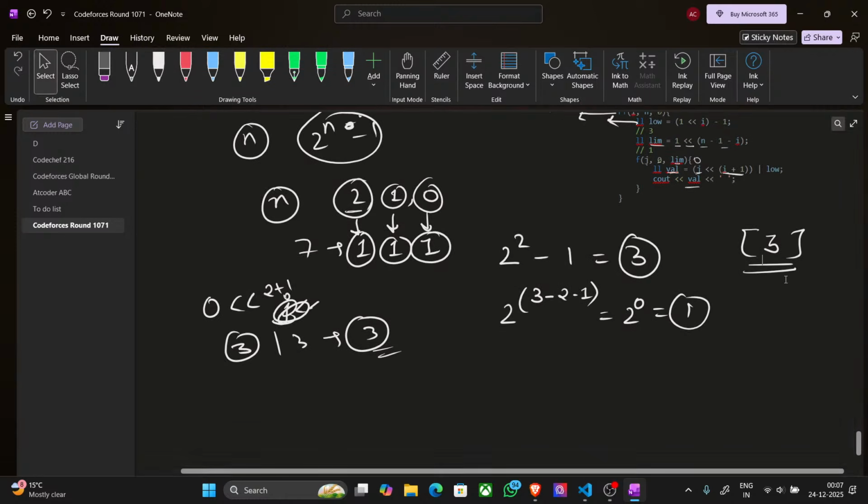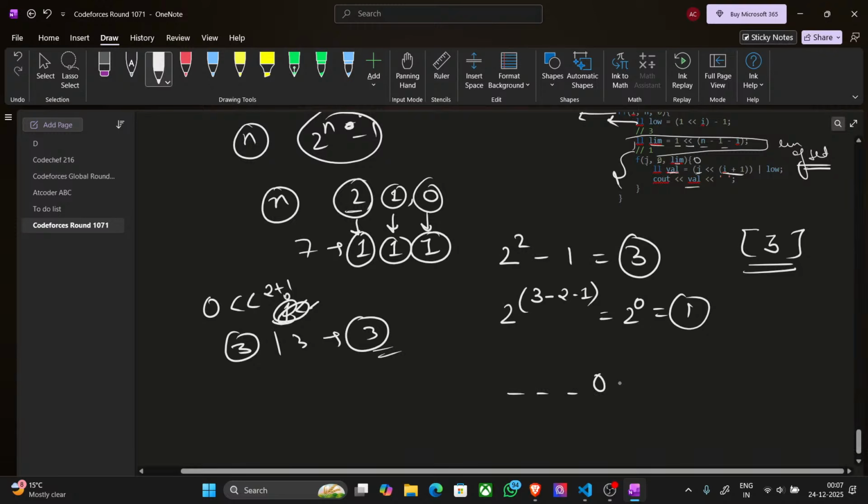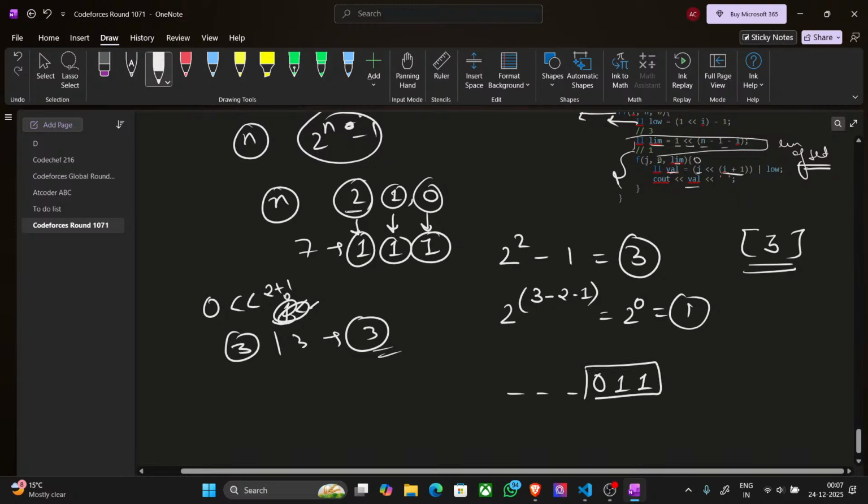So this limit gives us the length of the set. And while iterating, you just make sure that your positions, for a pattern that looks like dash dash 0 1 1, you just or with these values, since you don't care about the other positions.